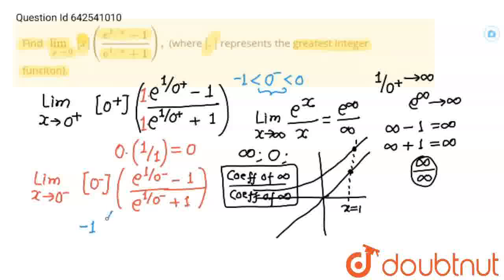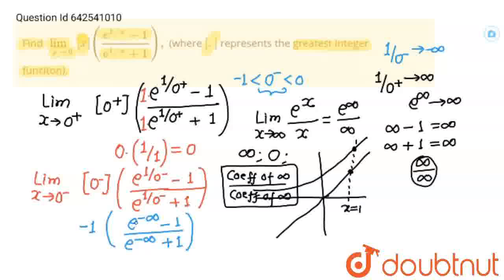Now see, 1 upon 0 plus is plus infinity, and 1 upon 0 minus is minus infinity. So this will become e to the power minus infinity minus 1 upon e to the power minus infinity plus 1. See, both infinity is same.